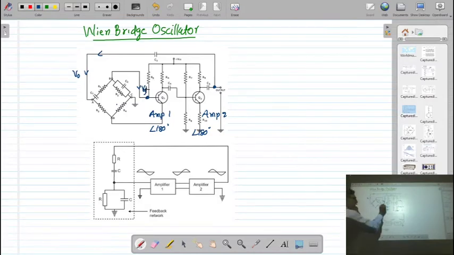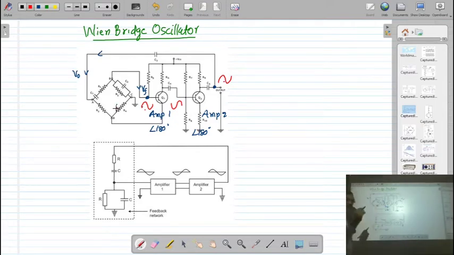Now we know that the phase difference here, if we have a positive cycle like this at the input, then the output of the first amplifier is going to be inverted. Then again the output of the second stage of the amplifier is going to be inverted again. So you can see that the phase difference between this feedback voltage and the output voltage is 0 degree. Now this signal is applied to the bridge.